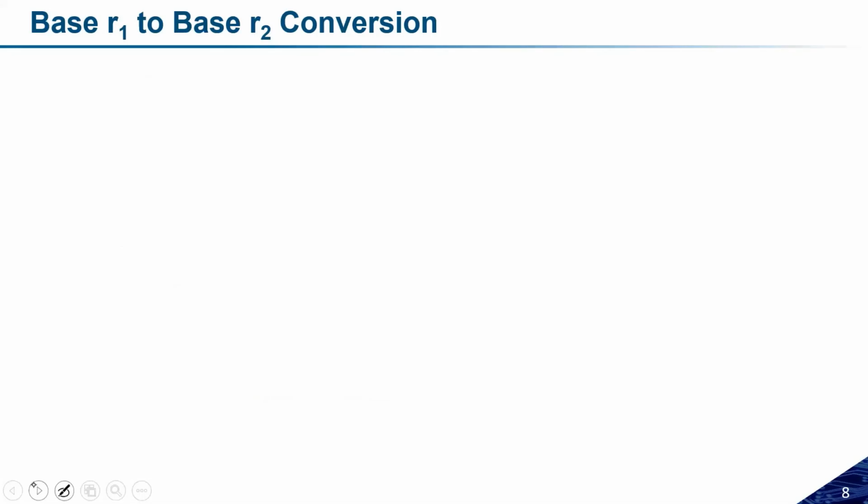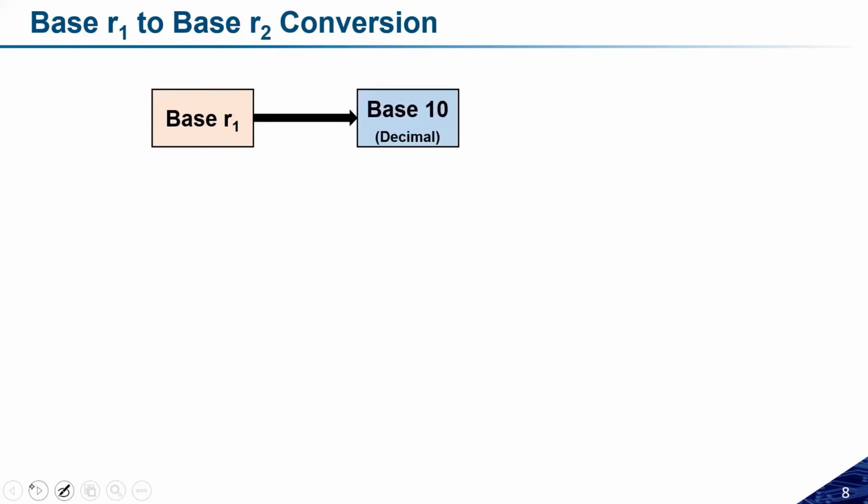This is a two-stage process. What is the two-stage process? Suppose I have a number in the base r1. First I have to convert this number into base 10, which is the decimal number system. Once you have converted this number into base 10, then you have to convert it into base r2. So the first stage is base r1 to decimal, and the second one is decimal to base r2.